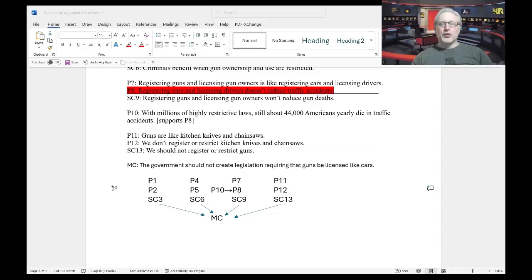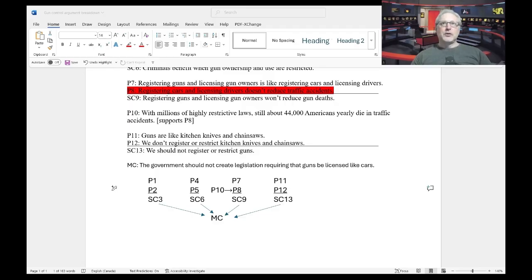You would need to compare the statistic of deaths and driving accidents when there are the laws versus when there aren't legal restrictions on the usage of cars. That's the only way that you could know how effective the restrictions were.